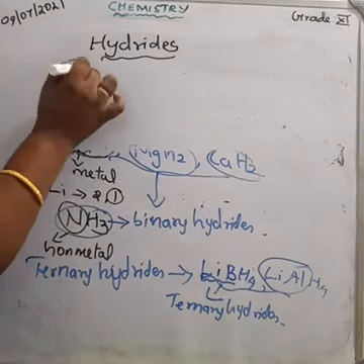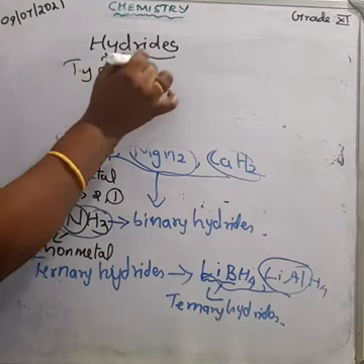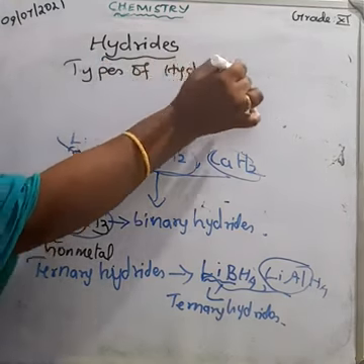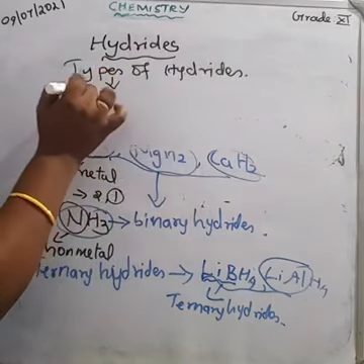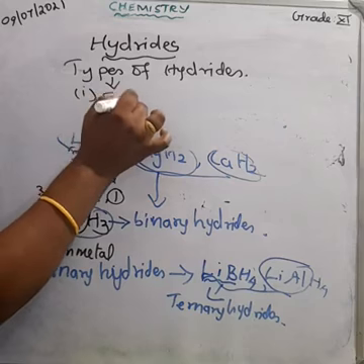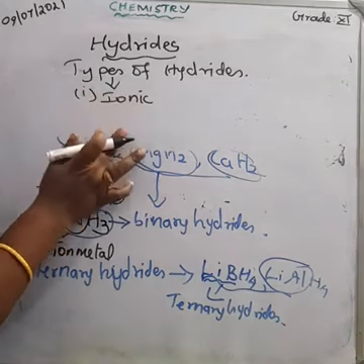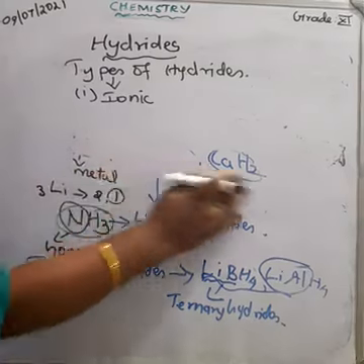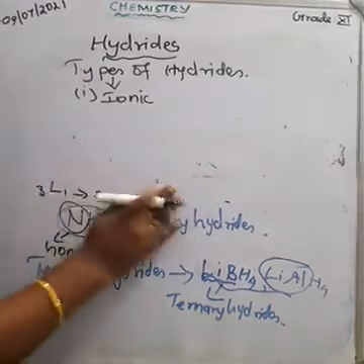What is the classification of hydrides? The hydrides can be classified into three types according to the nature of bonding, that is, which bonding is formed between the hydrogen and other elements.